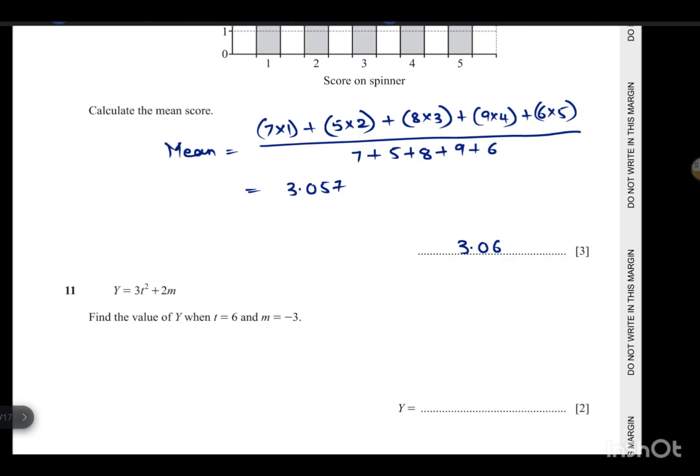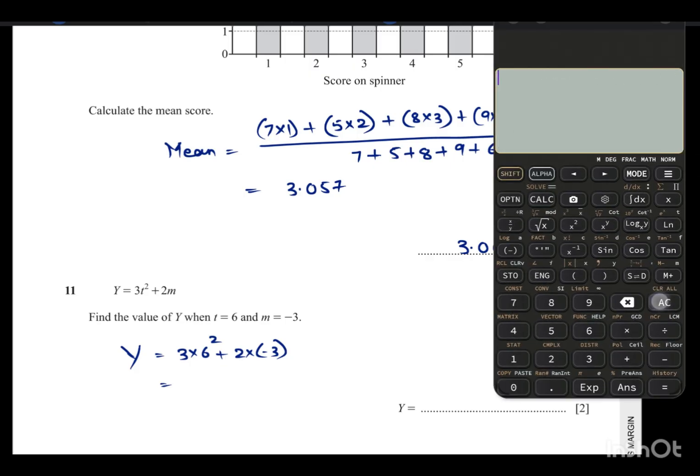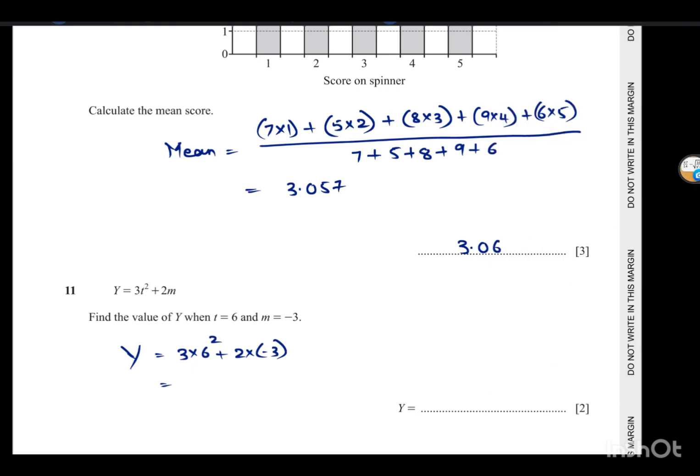So first substitute the values here. y is equal to 3 into 6 squared plus 2 into minus 3. Find out. 3 into 6 squared plus 2 into negative 3. The answer is 102.